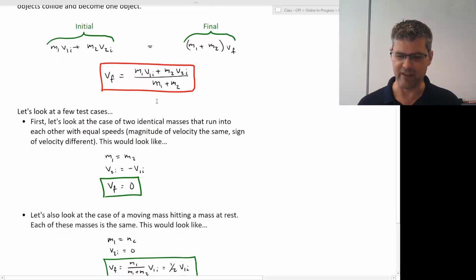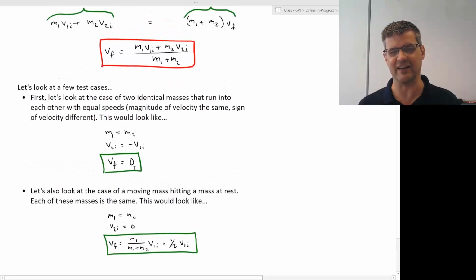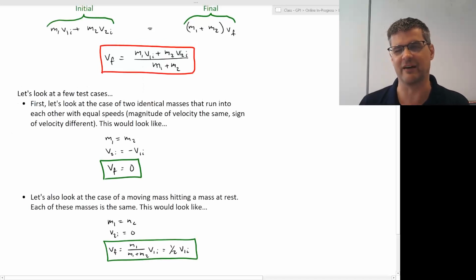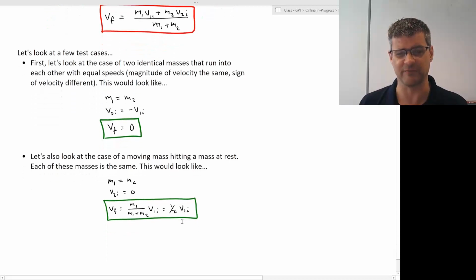Or similarly, if we had one object hitting another, maybe m2 was initially at rest, which means this goes to 0, and v1 is coming in at 10 meters per second or so, but if m1 and m2 are the same, the final velocity of the new combined object is going to be half of what it was before.